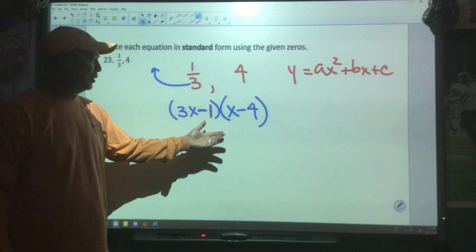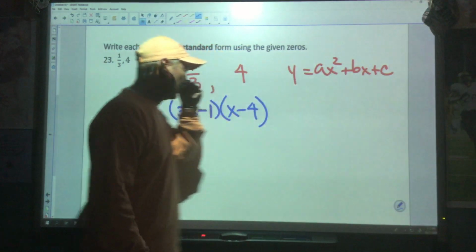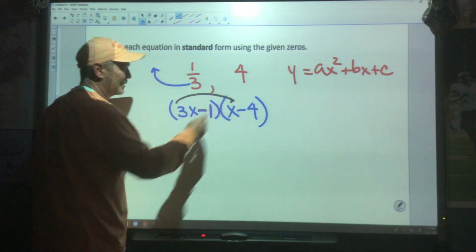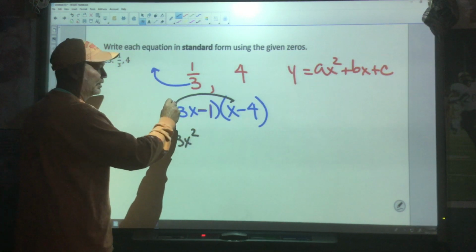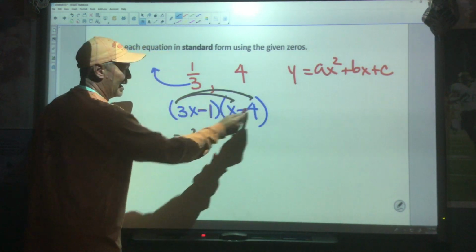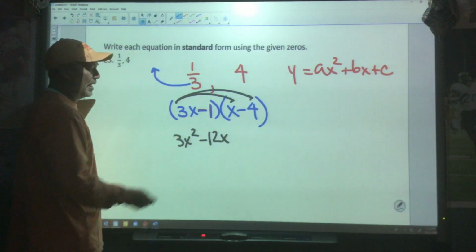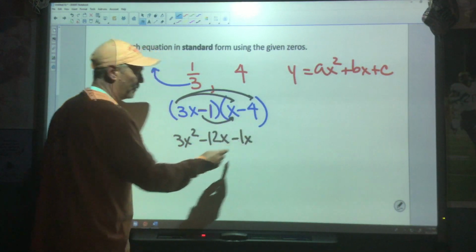All we need you to do is to multiply, and then you'll be back in standard form. We're going to do the distributive property. 3x times x is 3x squared. 3x times negative 4 is negative 12x. Negative 1 times x is negative 1x.